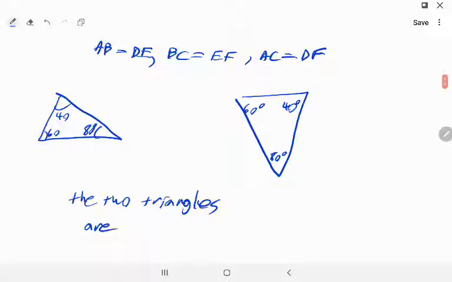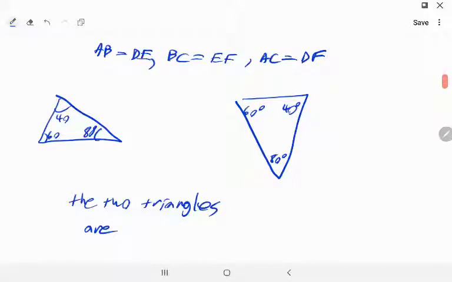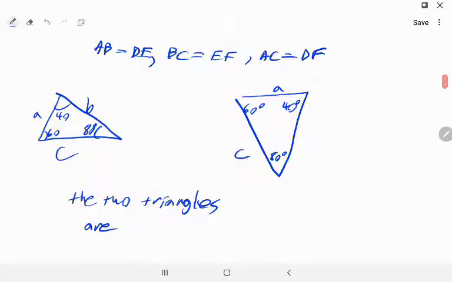Well, actually we have to be careful. We also need to know that the side lengths match. Let's call the side lengths A, B, C. We need to know that 80 degrees matches with side length A, the 40 degrees matches with side length C, and the 60 degrees matches with side length B. If the three sides match, that's sufficient to get congruence. Having just the three angles matching is not sufficient.